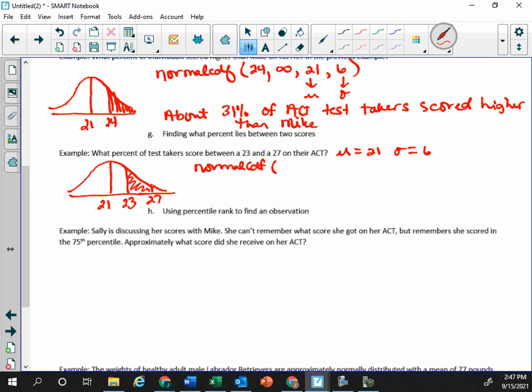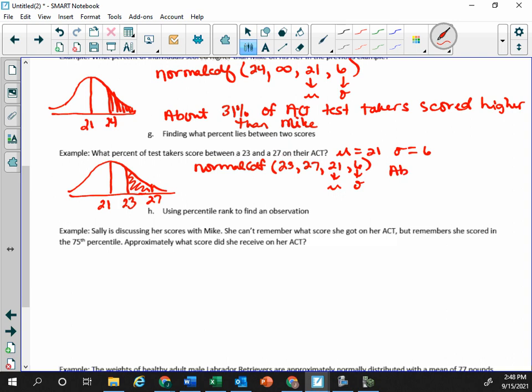All right, so on this one, we are looking in between values. So we're going from 23 to 27 with a mu of 21 and a standard deviation of 6, okay? And what did you guys come up with? Yeah, about 21%.